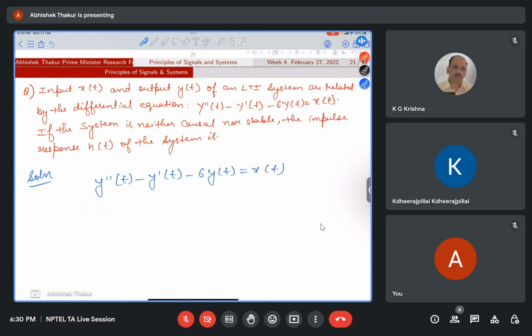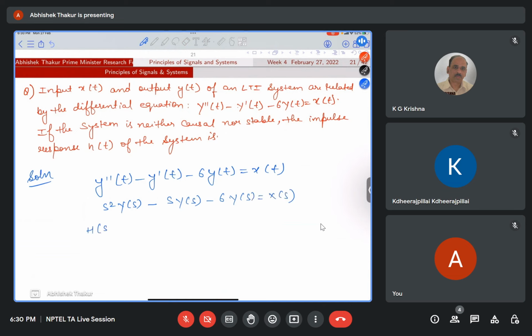Now if the system is neither causal nor stable, the impulse response h(t) of the system is. So first we will find H(s). Here it will be s square Y(s) minus sY(s) minus 6Y(s) is equal to X(s).